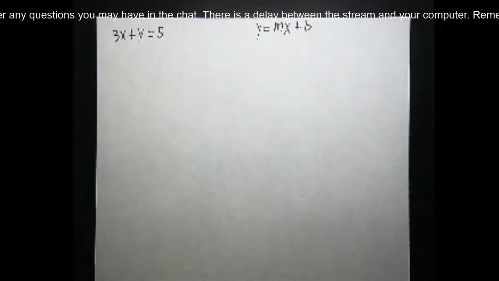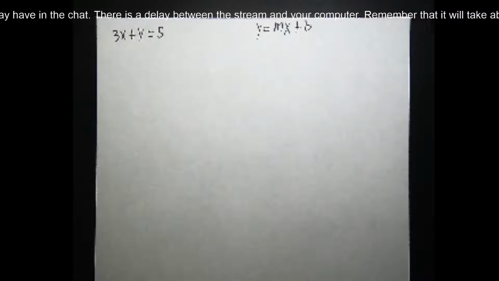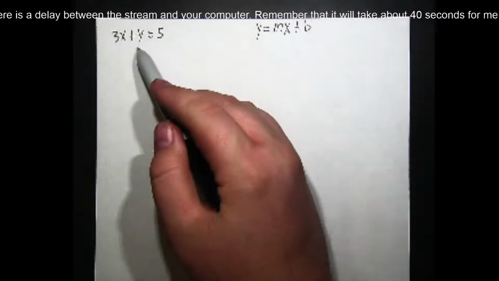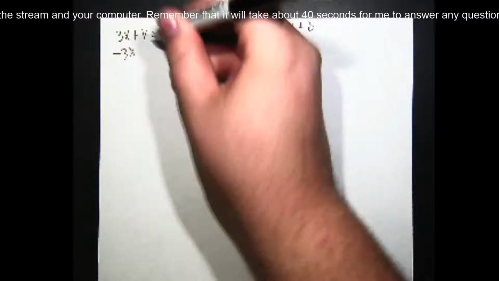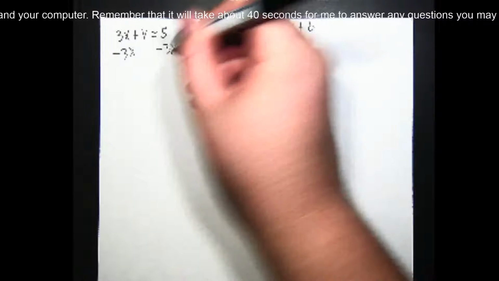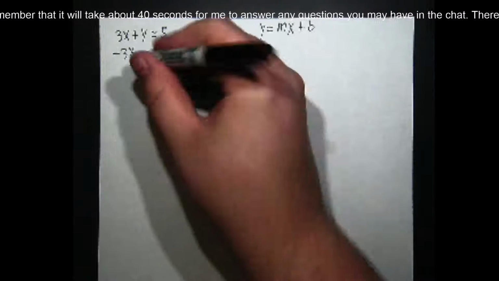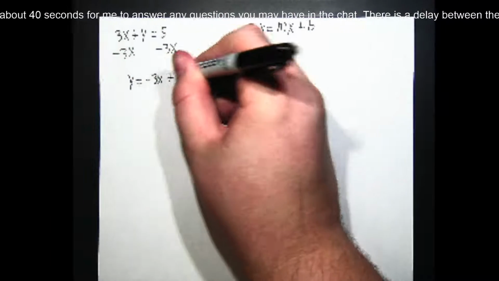So when we're working with equations like this that are linear, we want to put them in the standard linear form, which for that would mean that we get y by itself. So we're going to take negative 3x from each side. And that gives us y equals negative 3x plus 5.